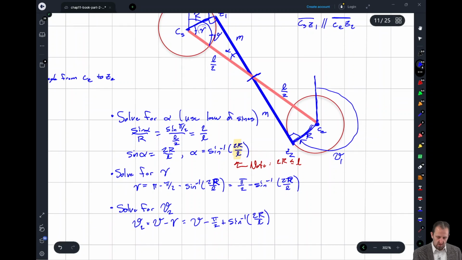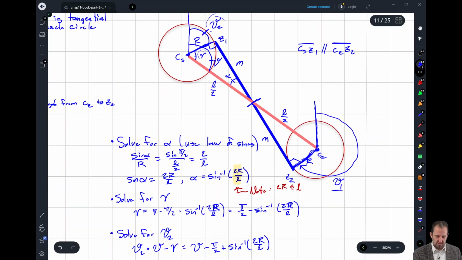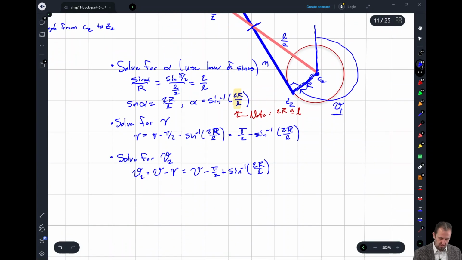And so we know what var theta 1 is in terms of var theta 2, because all we're going to do is take var theta 2 and add pi to it to get to var theta 1. Okay, so solving for var theta 1, this is just going to be equal to var theta 2 plus pi.